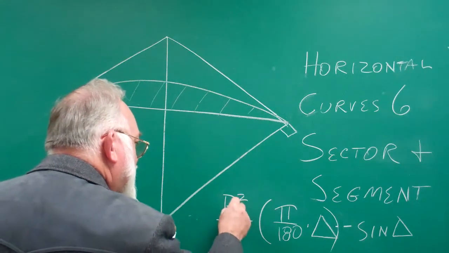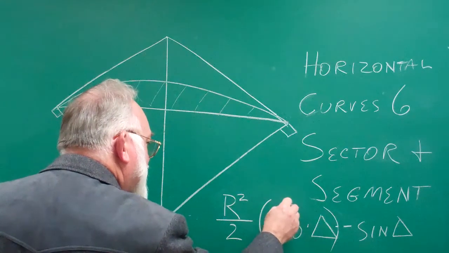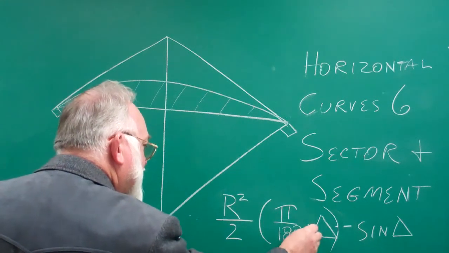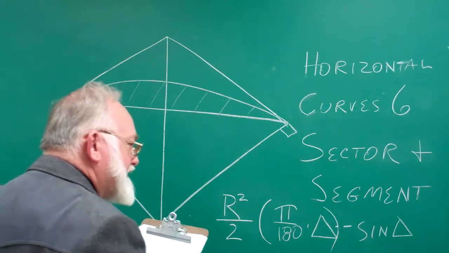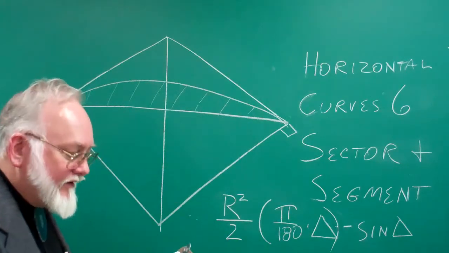So basically radius squared over 2 times the inverse of a radian, which is pi over 180 times the delta angle in degrees, minus the sine of the delta angle in degrees.